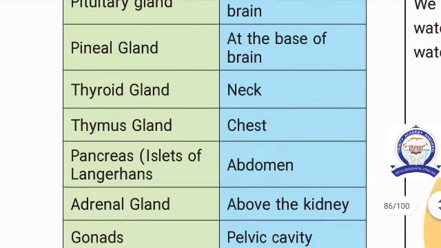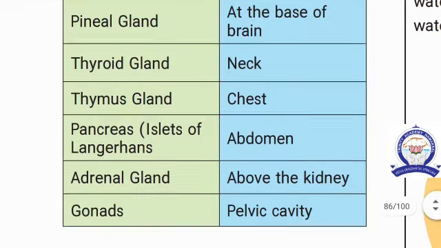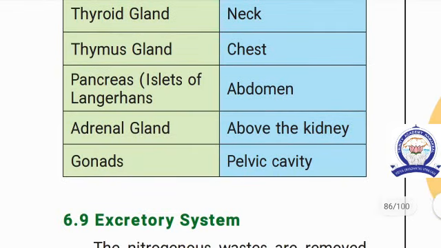The thymus gland is located in the chest cavity. The pancreas is below the stomach, in the abdominal cavity. The adrenal glands are located on top of the kidney. Top means above the kidney.